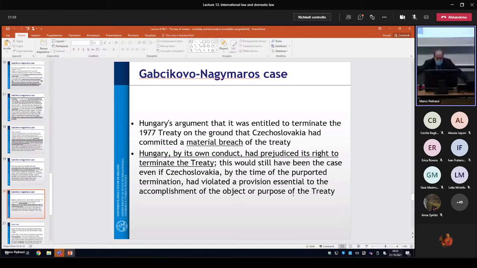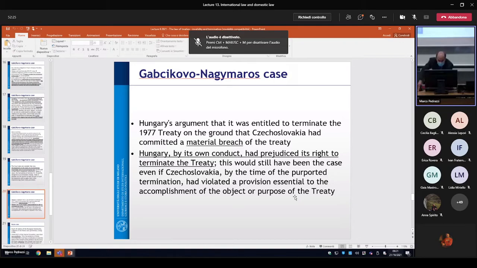So this was a reply, a countermeasure adopted by Czechoslovakia to react to the Hungarian action. And this measure was, in fact, considered as wrongful by the court.